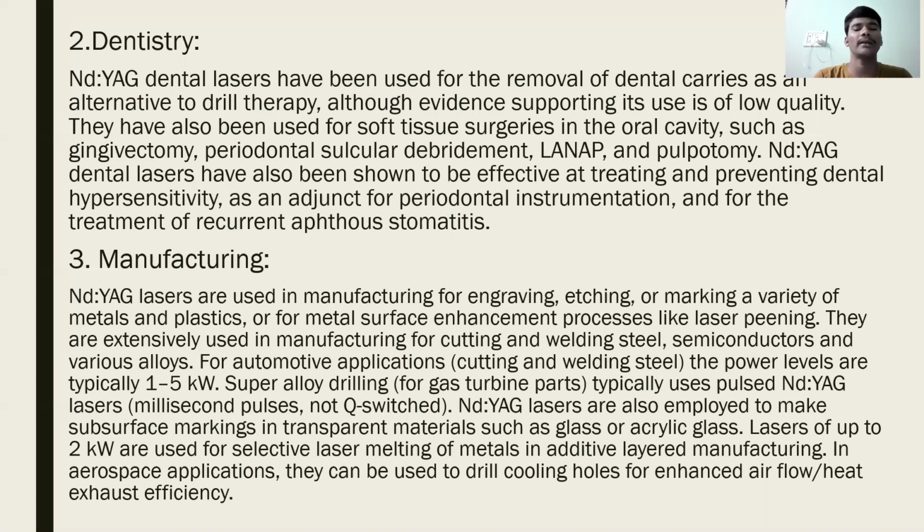For automotive applications, cutting and welding, the power levels are typically 1 to 5 kilowatts. Superalloy drilling for gas turbine parts typically uses pulsed Nd:YAG lasers, and they are also employed to make subsurface marking in transparent materials such as glass and acrylic glass.